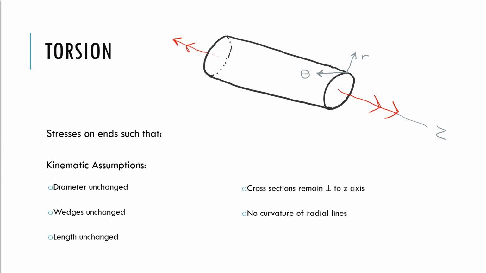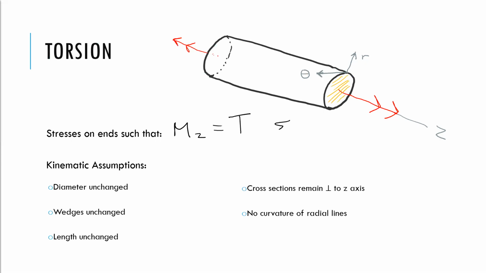So we're going to apply some type of stress just on this cross-section such that we end up getting some type of moment about the Z-axis. And we call that capital T for torque. That's our torque that's being applied.